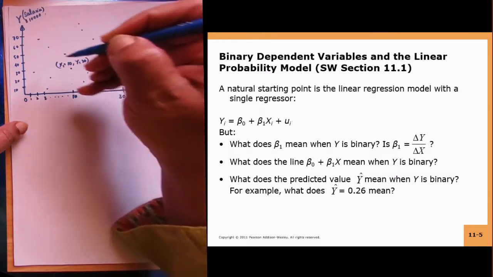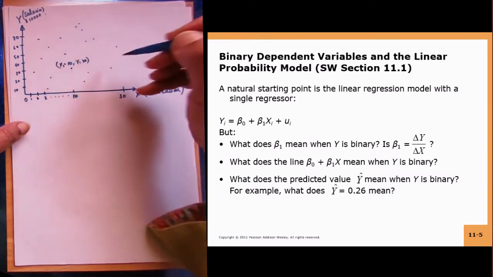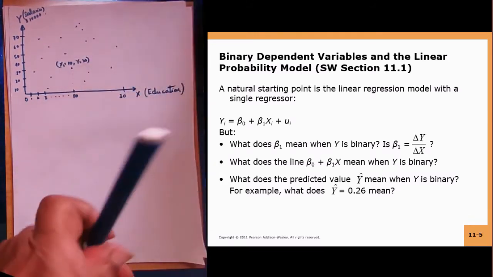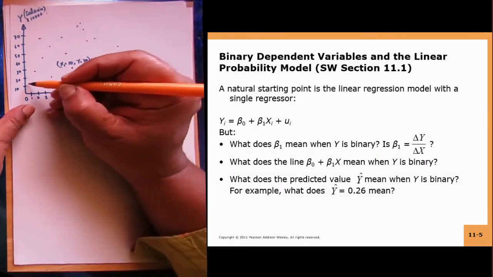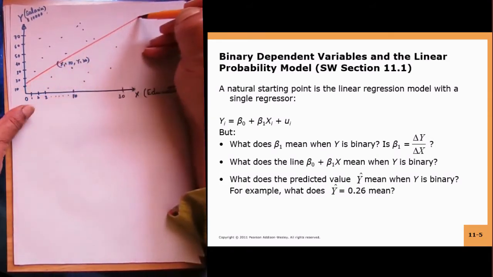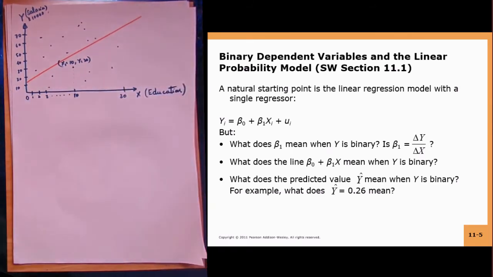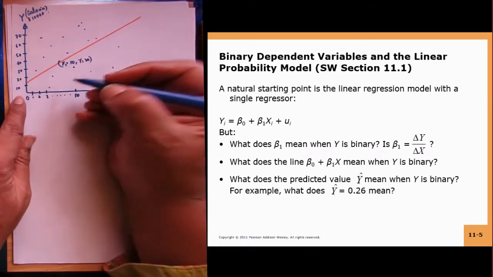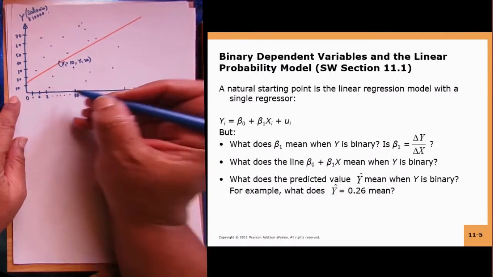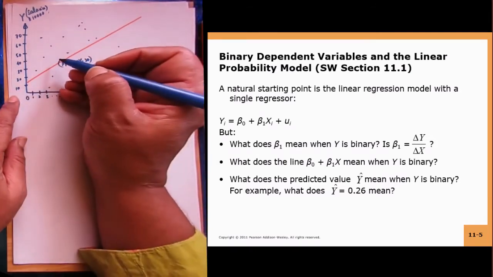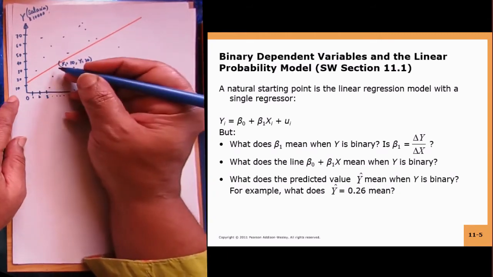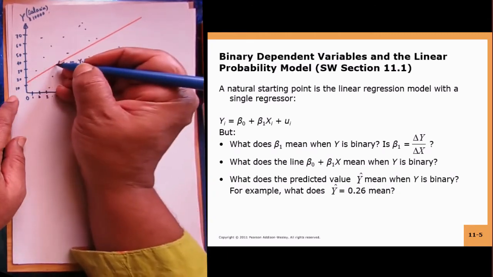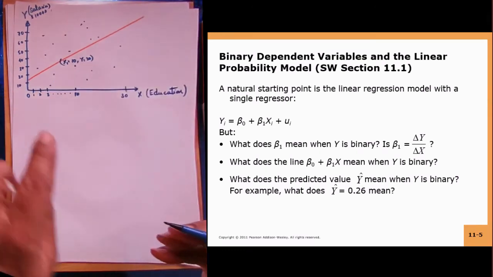But basically y can take any value, and if you fit a regression line through this, you may get a line that goes something like this. Even if you do not have data for every value of education or salary, you can still predict the salary for a given education.